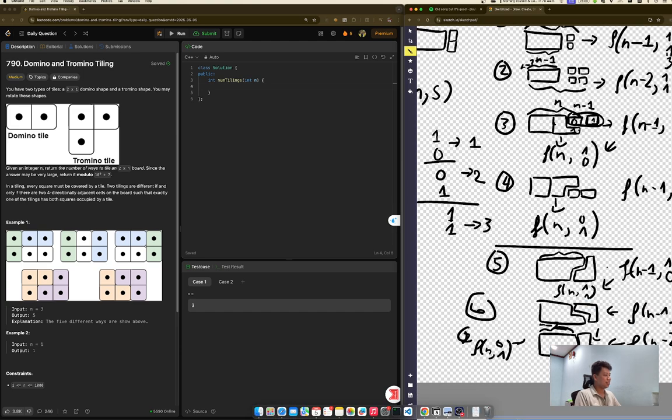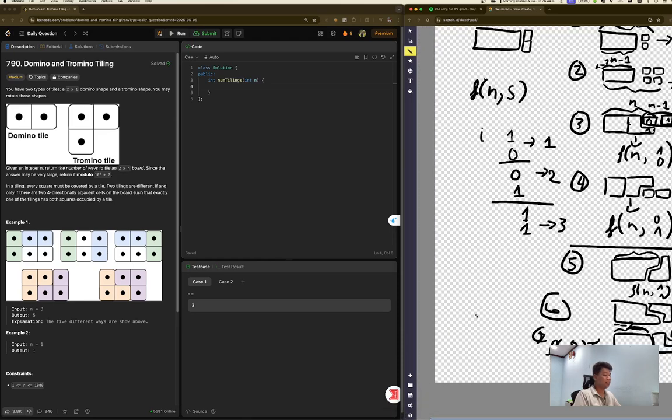The last case is we keep rotating the Tromino 90 degrees, and we get this case, which can sit at the end.